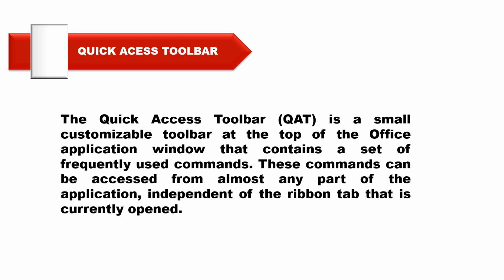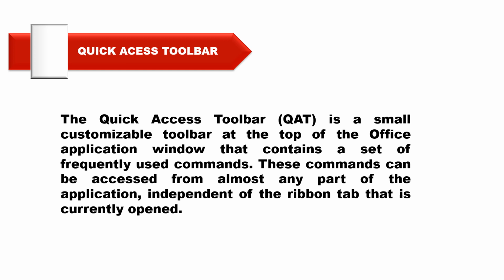The quick access toolbar, in short called as a QAT, is a small toolbar placed at the top of the Excel window and it contains a set of frequently used commands.